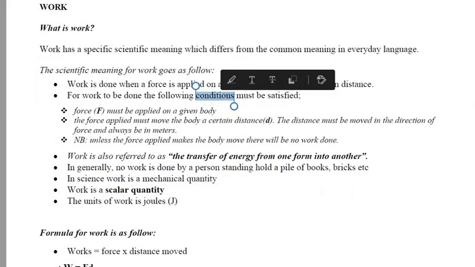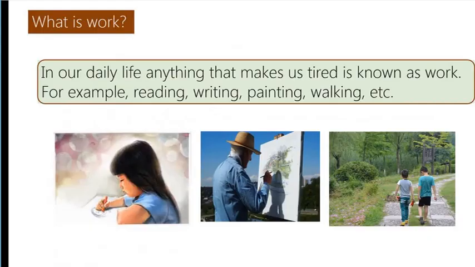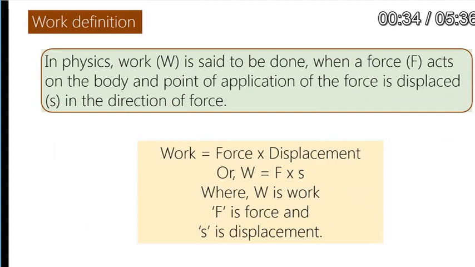So we are mostly concerned with what work is in physics terms. Okay, so we have here definitions, explanations. Work is done when a force is applied on a body and moves it a certain distance, right? So this is the definition for work. Work is said to be done when a force F acts on the body and the point of application of the force is displaced.